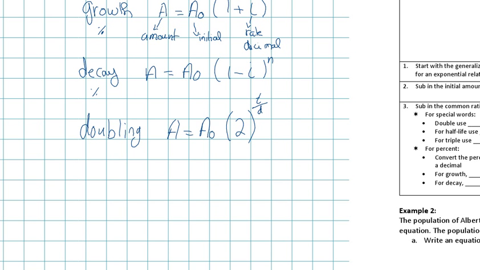So let me give you a question. Let's say you have a bacteria population, okay? And then it tells you that the bacteria doubles every 6 hours. Okay? So you know that every 6 hours you're going to double, right?